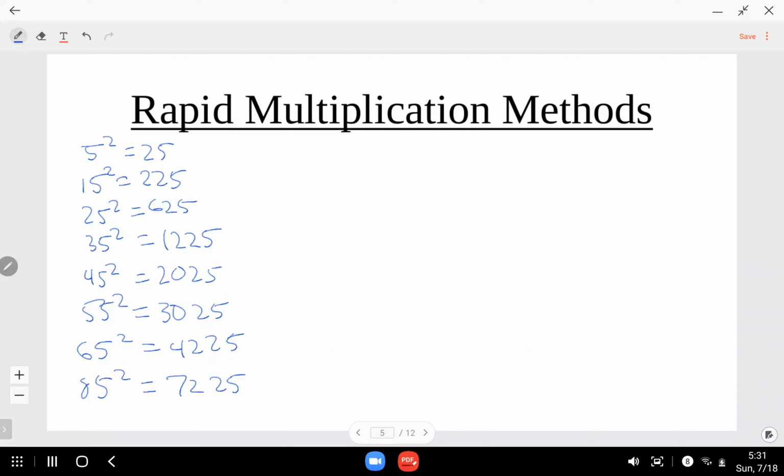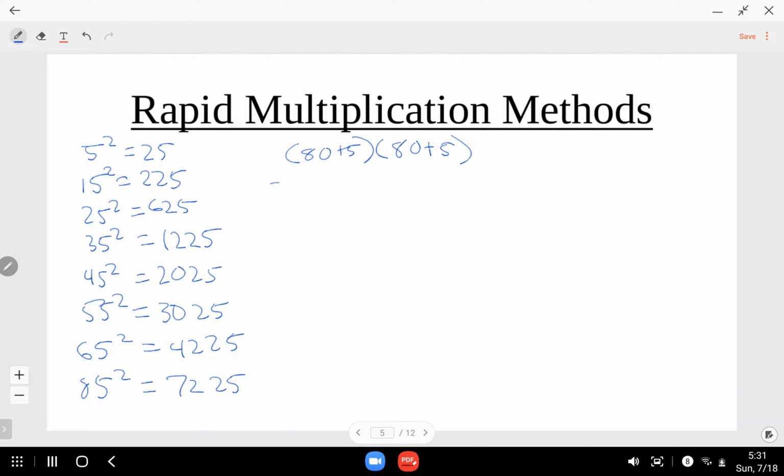So, what you need to do when you're doing this, let's do 85 squared. How do we get that? 85 is 80 plus 5, right? You just need to multiply this out. 80 times 80 is 6,400.